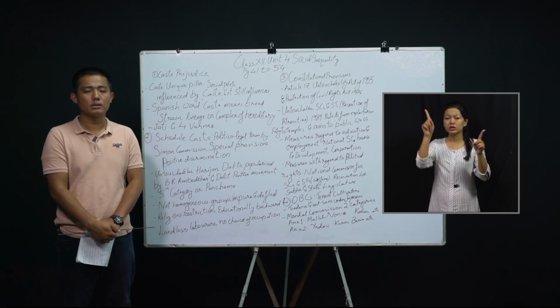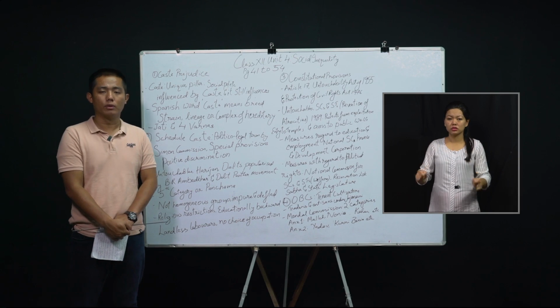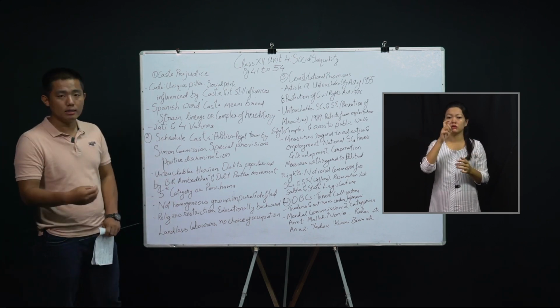It is also one of the unique features of our country. Why? Because this caste system may not be found in almost all the parts of the world, and that is the reason why it is a unique feature of our Indian society.